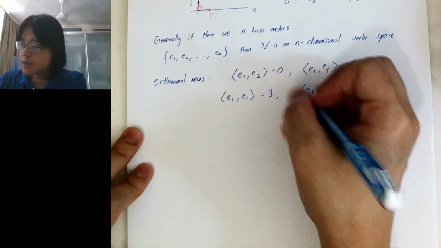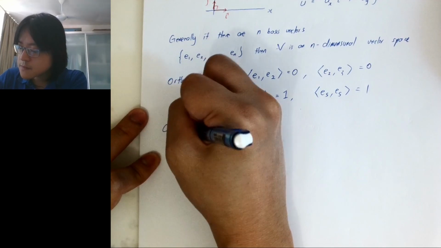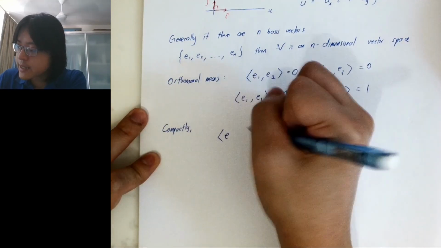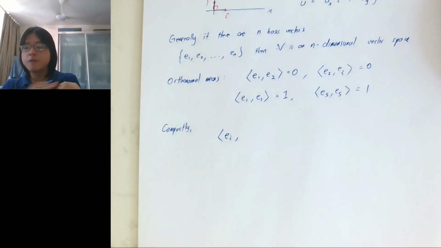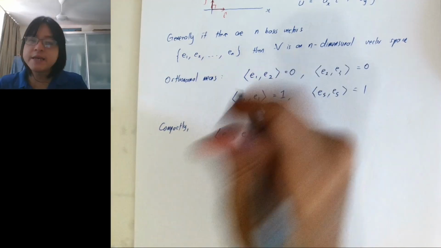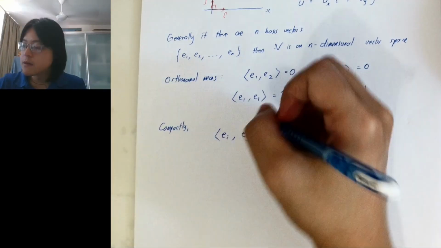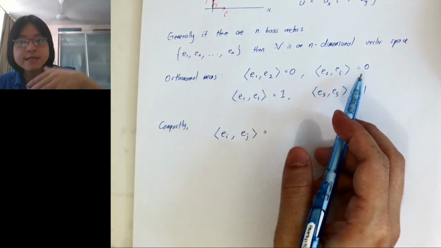It's usually a shorthand to introduce this concept, to write this compactly. It could be e1, e2, e3, so I call this ei, where i can be any number from 1 to n. Then I take another vector, ej, where j can be some other number between 1 and n. We notice that if the two numbers are different, I get 0.